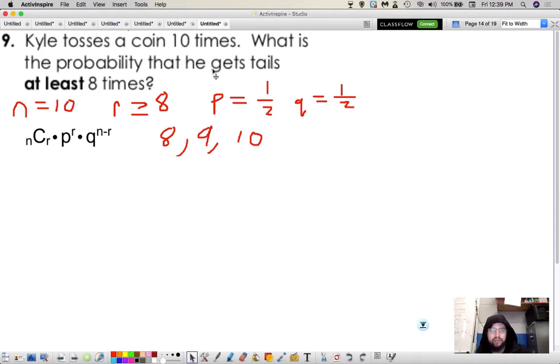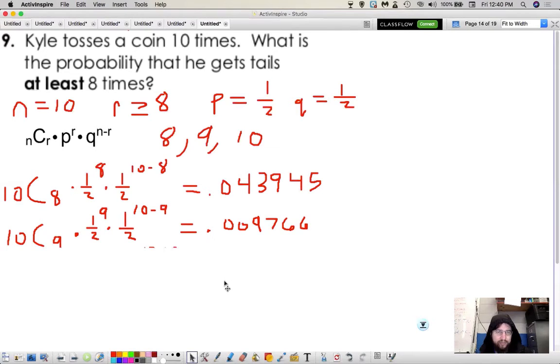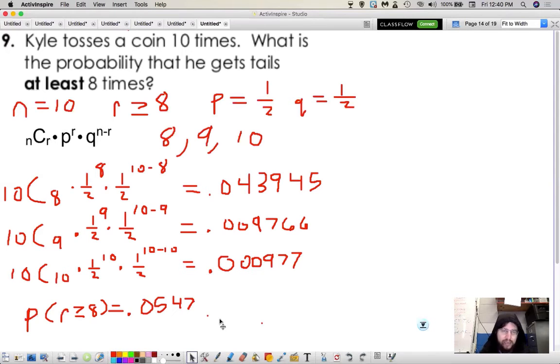The probability of heads or tails is equal, it's a half either way. So here's our formula. We're going to calculate the probability for 8, 9, and 10 and add them up. I already did that. So there's the probability for 8, that's the probability for 9, that's the probability for 10, and that's what we get when we add them up.